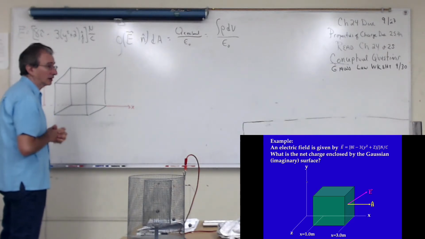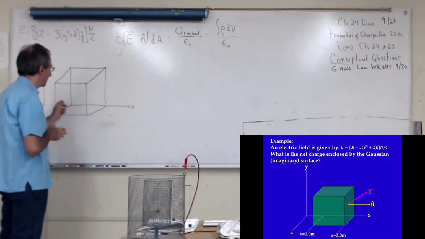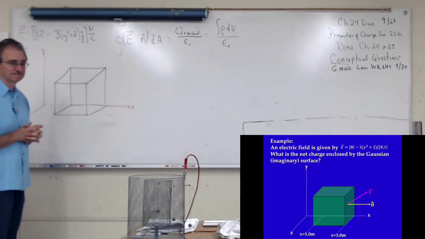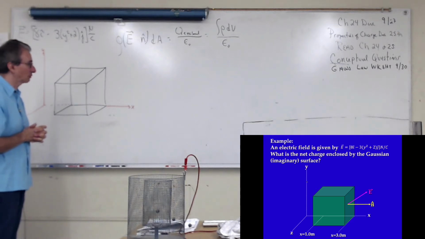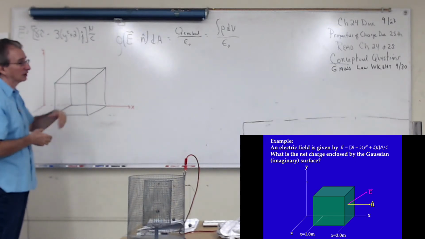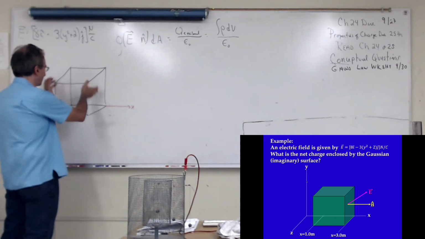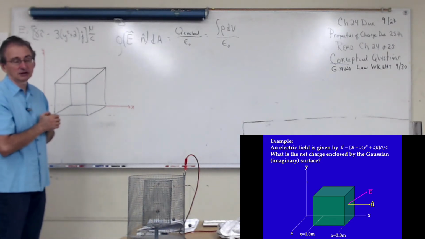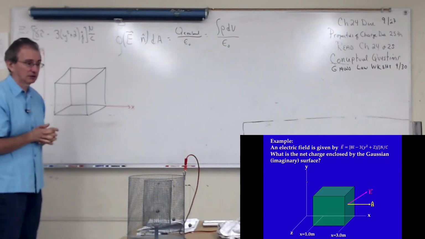And really, in this problem, this box has 6 sides. So I'm really going to be integrating over 6 surfaces. If I'm going to do an integral over a closed surface, I got to integrate over 6 sides. So there's 6 integrals I have to do here. Okay, I have to break it up into 6 parts.